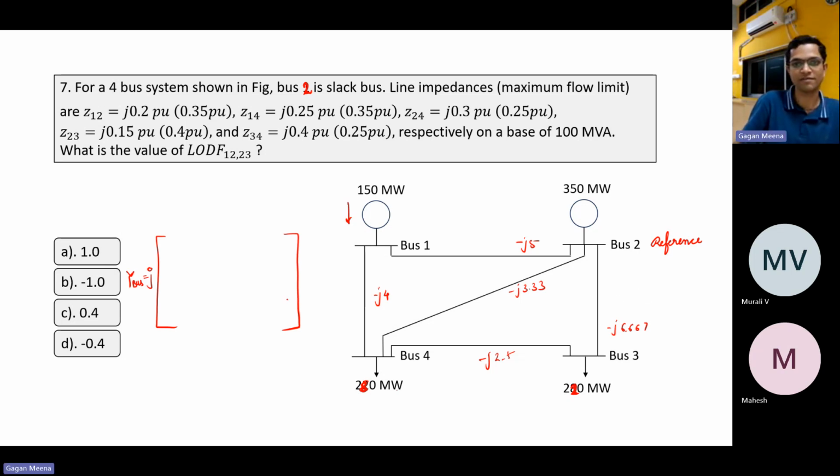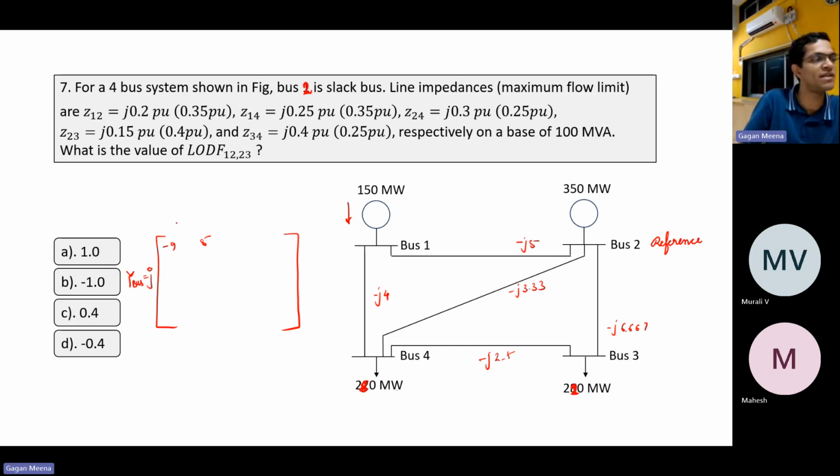What will be Y11? Yes, minus J and J I have taken out, so it is 9. Then it will be 5 because of the diagonal element, plus 5, it is minus 1 minus times of that element.